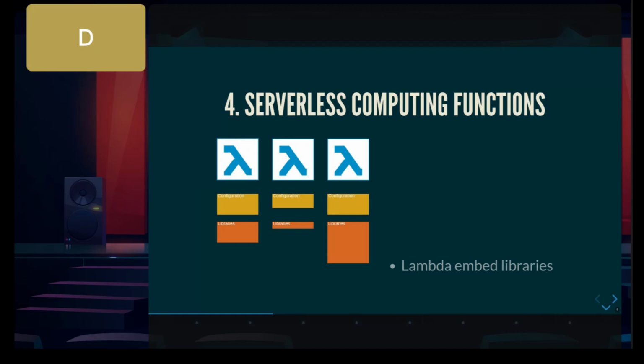Basically, as you see in the picture, a Lambda function, which is here the small white squares with a Lambda symbol, embeds external stuff such as libraries, packages, code snippets, configuration, data, and so on.